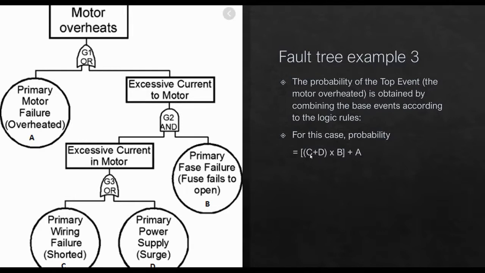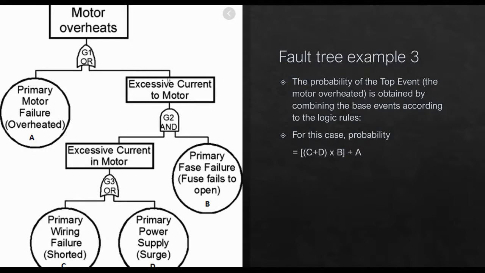That's why we have C plus D here. This one is the AND gate, with the other input B. That's why we multiply this expression by B, so we have C plus D multiplied by B.